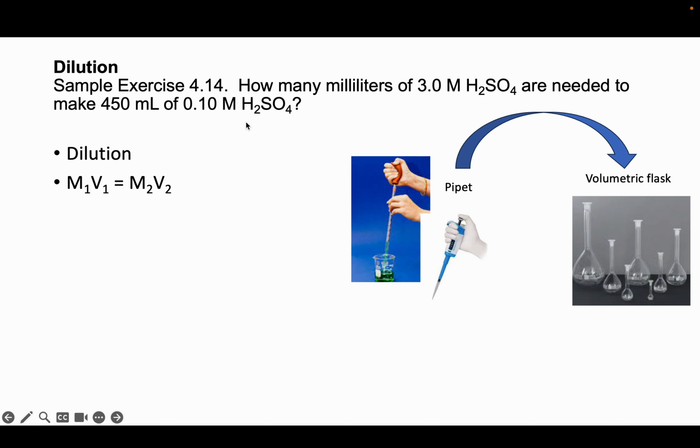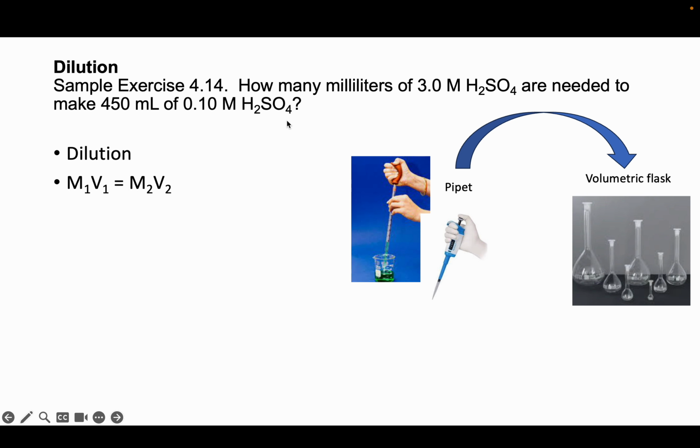This is a dilution. We're reducing the concentration. A formula appropriate for that is listed here. M1V1 equals M2V2. M is our concentration, and V is the volume. So we have an initial set of conditions in terms of molarity and volume, and a second set of conditions in terms of molarity and volume.